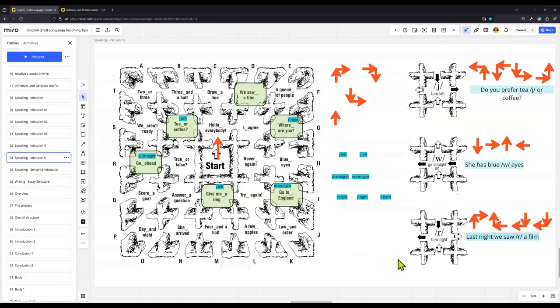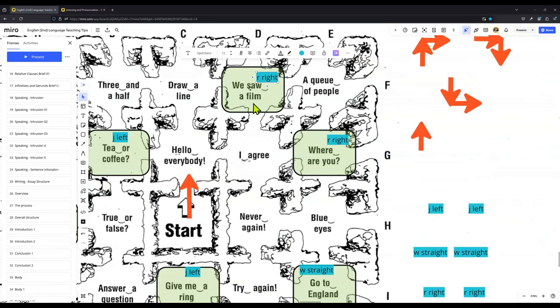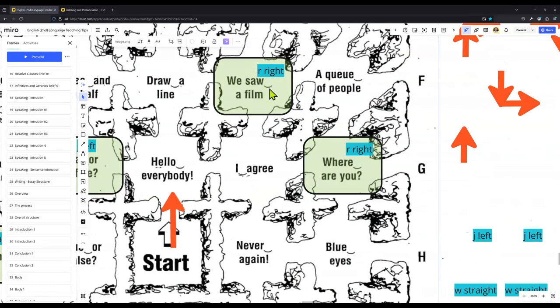And speaking of the R sound, over here, this is turn right. Again, can be in any direction, depending on from which direction you enter. So an example of an R sound is "our saw a film", okay, which is up here. And again, this is a multi-word expression, so be careful that you focus the student's attention on the correct gap.